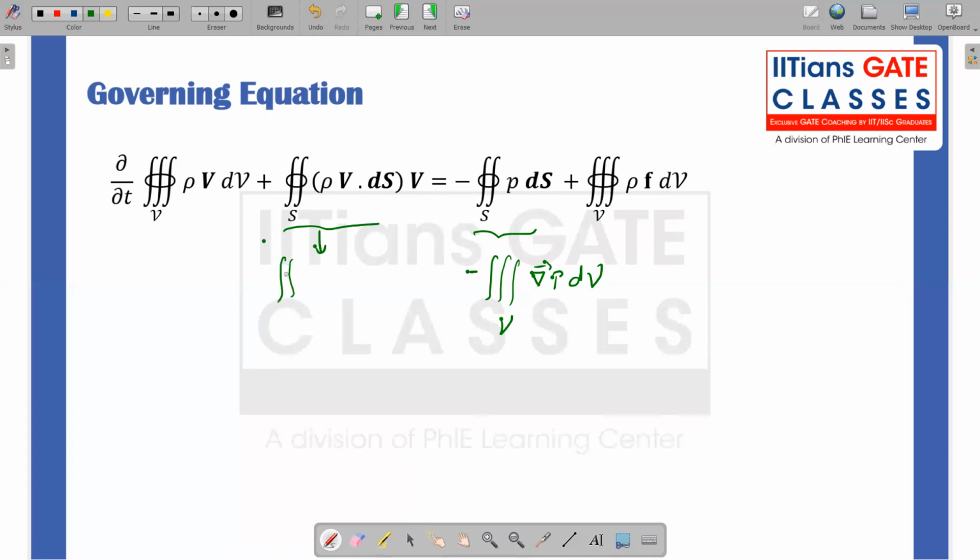That means the surface integral of ρ v dot dS times u, plus the surface integral of ρ v dot dS times v. My velocity vector basically has three components.